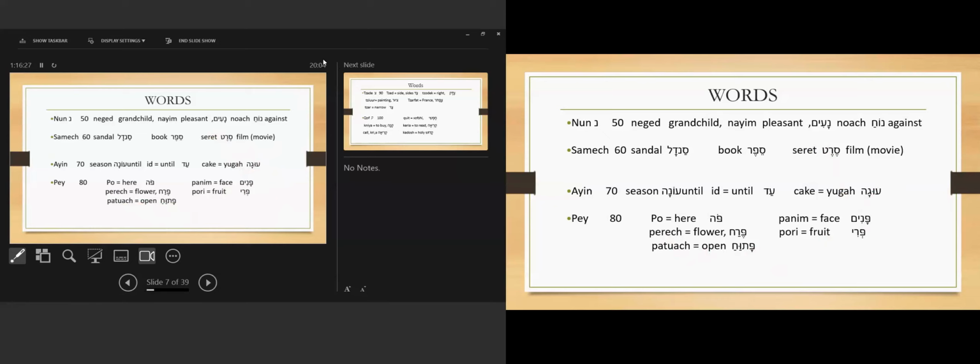Neged. Fine. Then, Noach. N, O, A at the bottom, and then Ch at the top. Noach. That means against. I am anti. I am against her going to town at this time of the night.